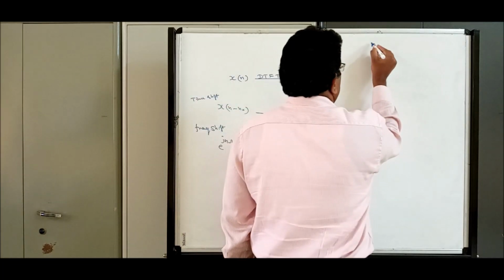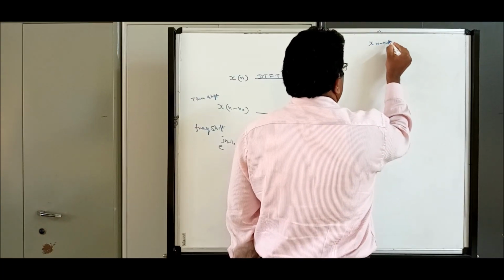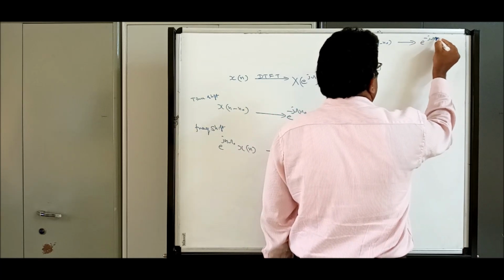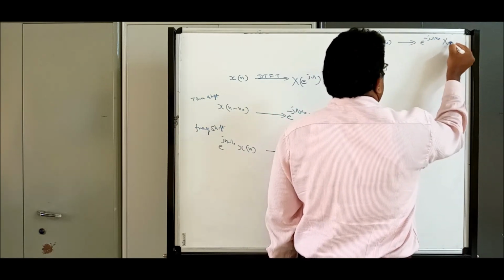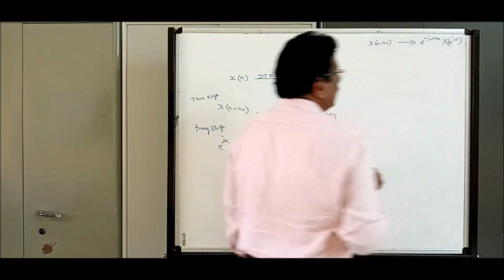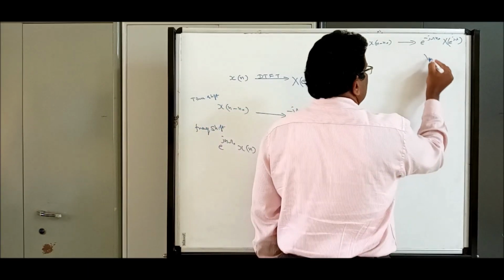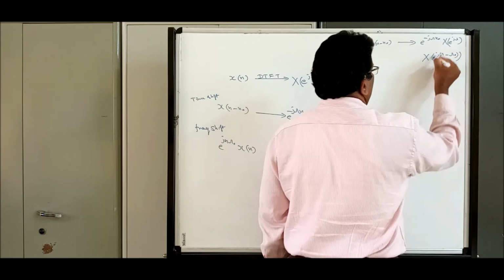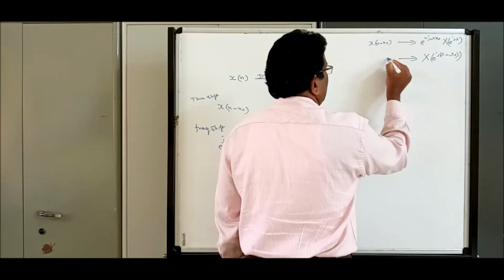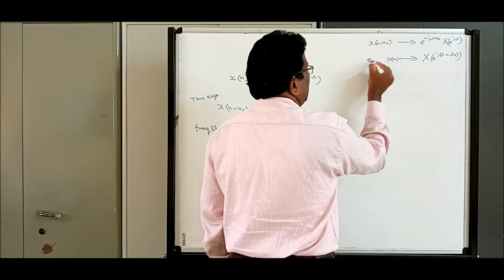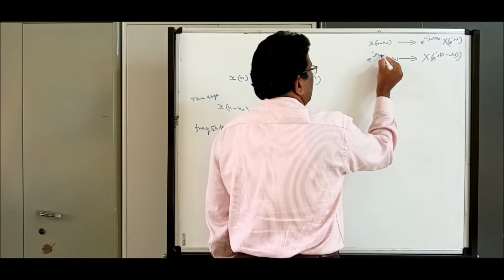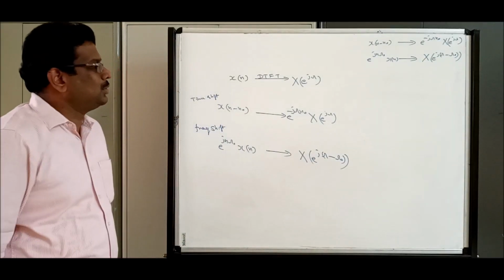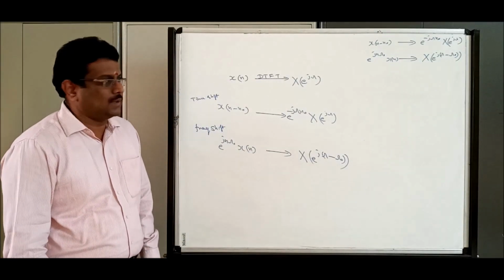Now, if it is time shift, x of n minus n naught, there will be e power minus j omega n naught times X of e power j omega. If it is frequency shift, X of e power j omega minus omega naught, in time domain it is x of n e power j n omega naught. So please do remember, one is time shift and the other is frequency shift.